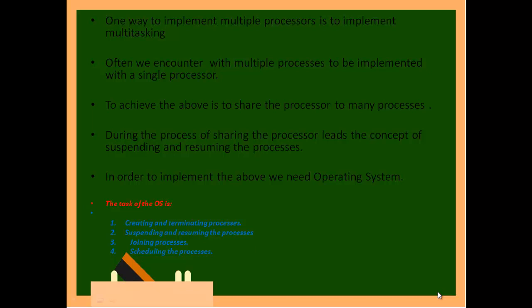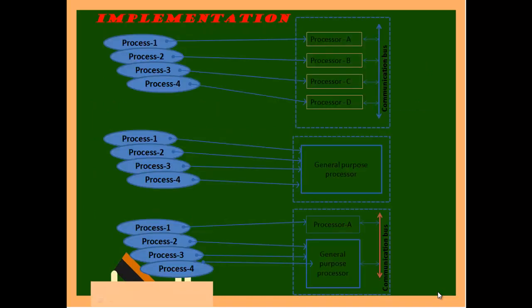The process of sharing leads to the concept of suspending and resuming the process. If you want data, I have to wait with my work, give you the data that is required, and then I start again. When D requests, A has to temporarily stop its process and give it. Whereas with this method, it is like memory sharing itself, directly on a single processor. So if process 4 requires data, it will go to the memory and take it.